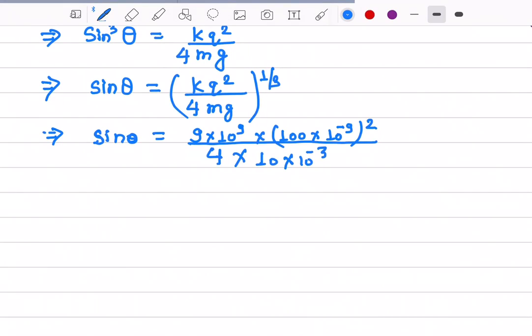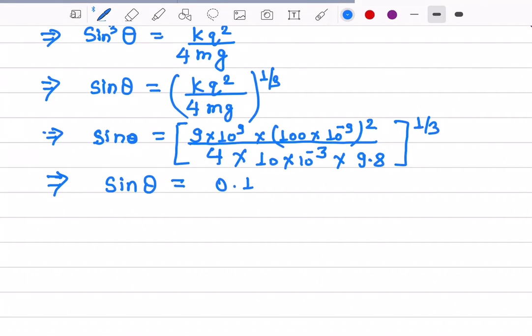The mass is also given. The mass is 10 gram, so you have to change 10 gram to kilogram. And then the value of g is 9.8. And the power of this entire thing is 1/3.